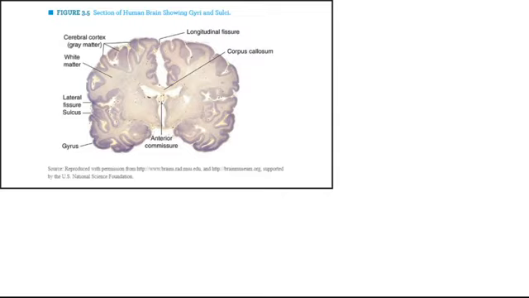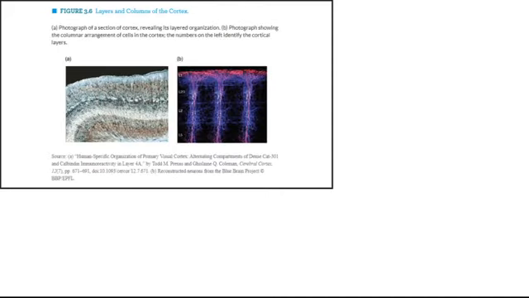The longitudinal fissure is the one that runs along the top of our brain. And then we have sulci in between. We typically only have the big fissures, the ones that are labeled and named, and we'll use those as reference points, and the rest of them are just the sulci. Okay, and I think that's what I wanted to say there.